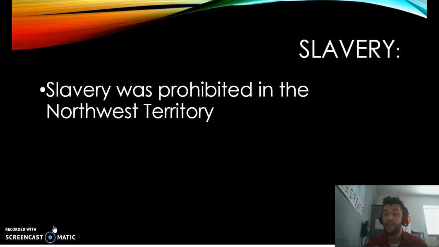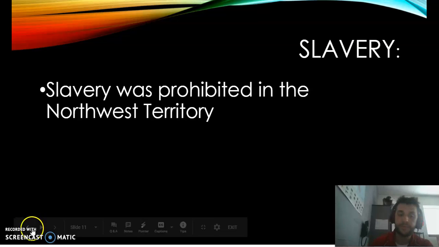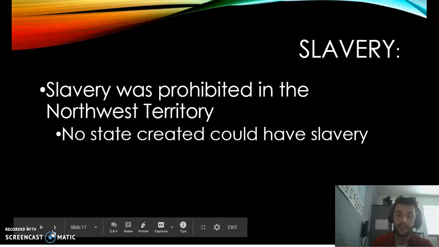But two, it would actually set a precedent for the government to have a right to restrict, interfere, or maybe even prohibit and abolish the practice of slavery, which was a big deal at the time. No state created could have slavery.